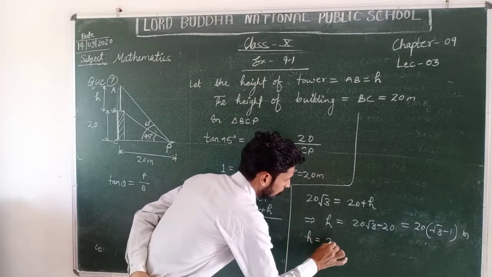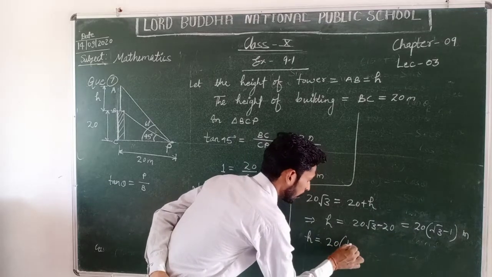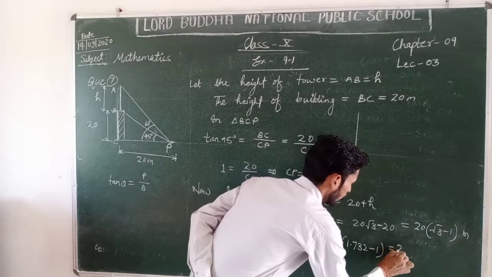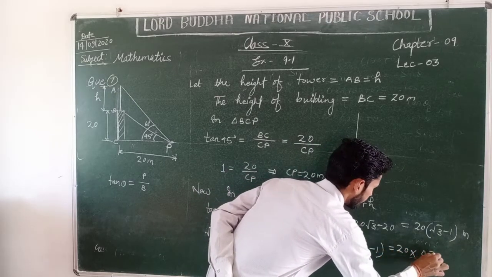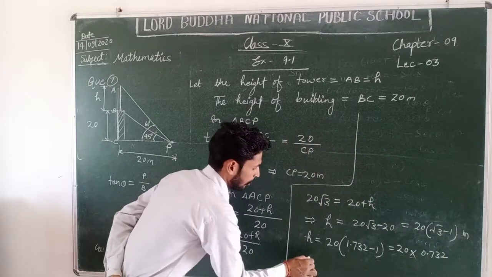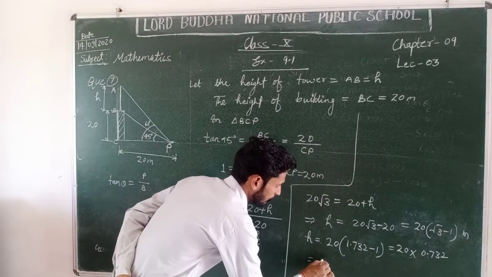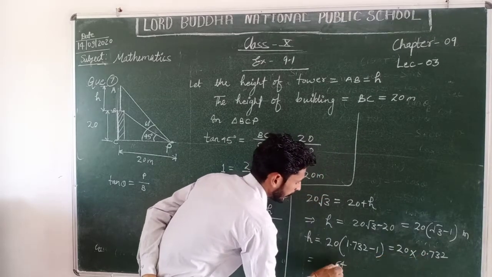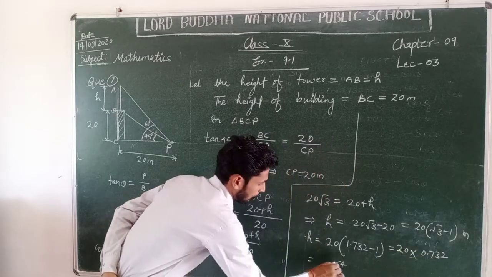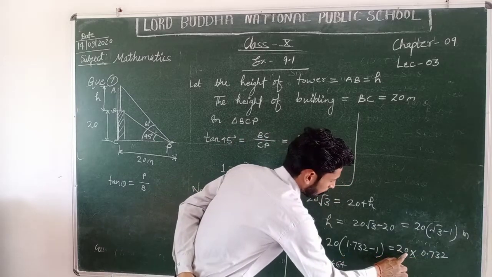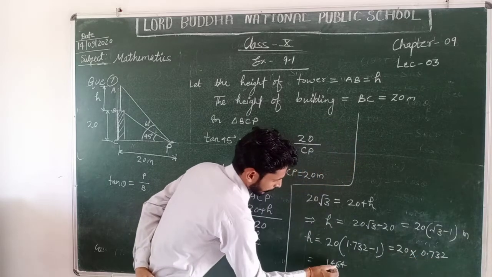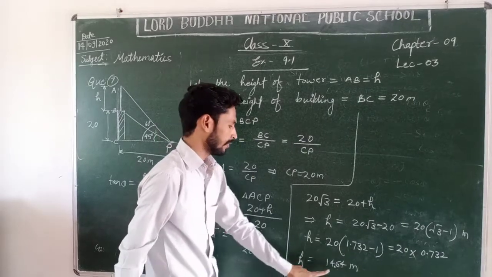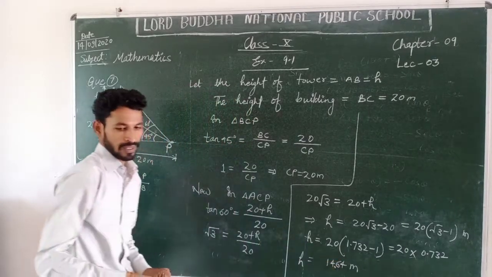So h equals 20, and in place of root 3 we can write 1.732 minus 1. That will be 20 into 0.732. Now multiply this. 2 fours are 8... 2 threes are 6 and 2 sevens are 14. So there will be 2 digits after the decimal point. So the height of the tower is 14.64 meters.